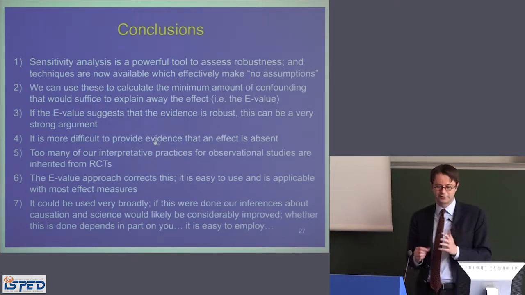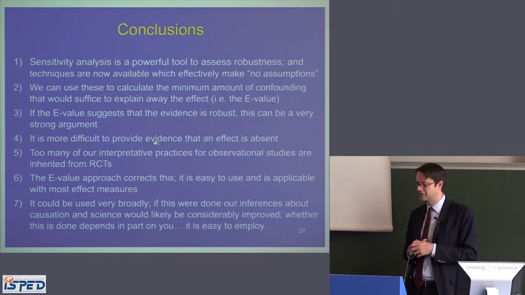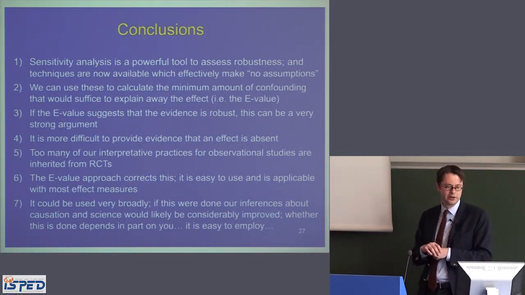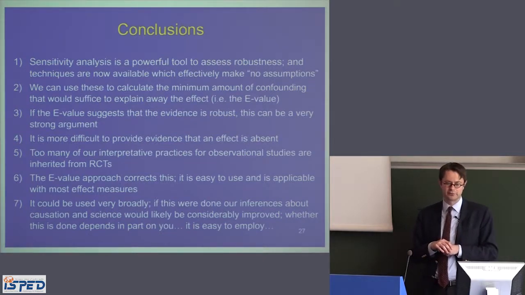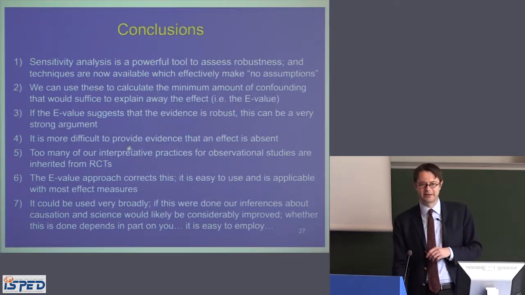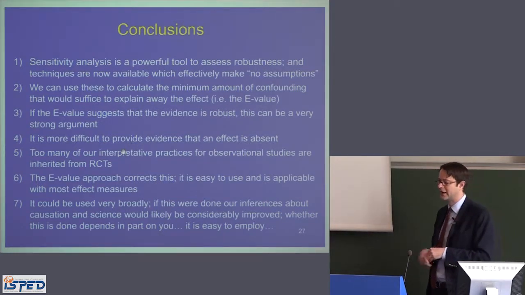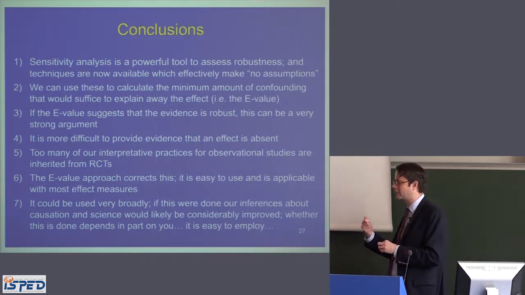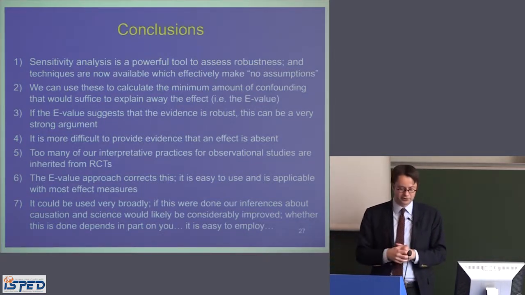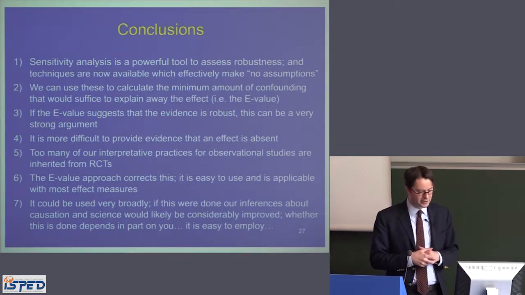Again, it is more difficult to provide evidence that an effect is absent, but for establishing that an effect is present and that it's causal, I think these e-value approaches can be useful. I think too many of our practices from observational studies have been inherited from randomized trials. The p-value in a randomized trial, provided there aren't other complications, does provide a measure of evidence for causality.